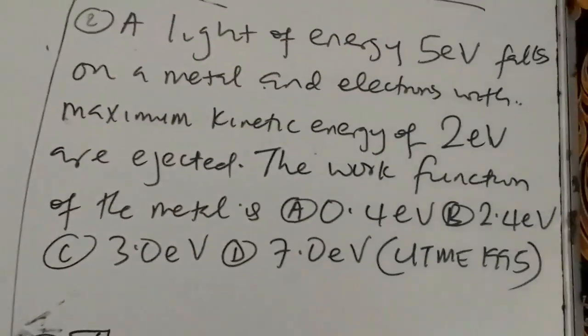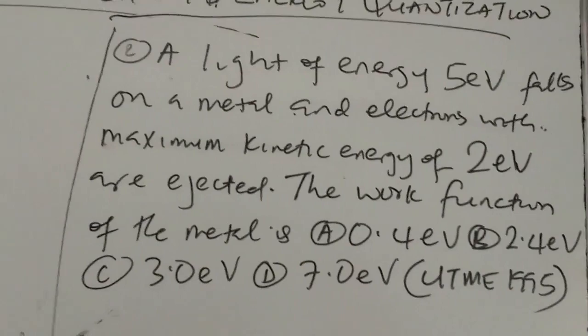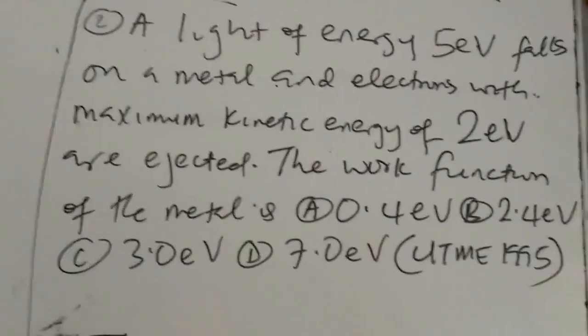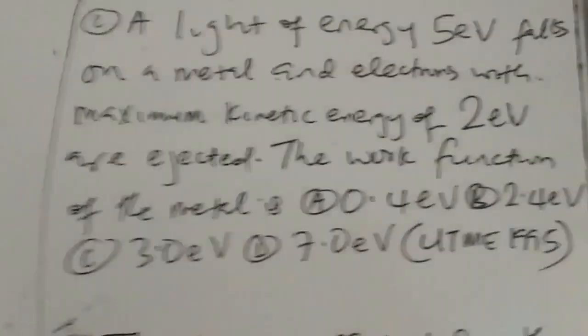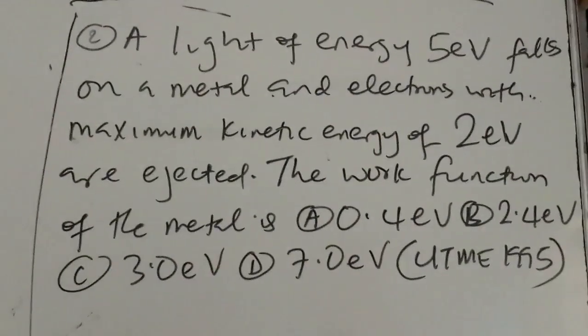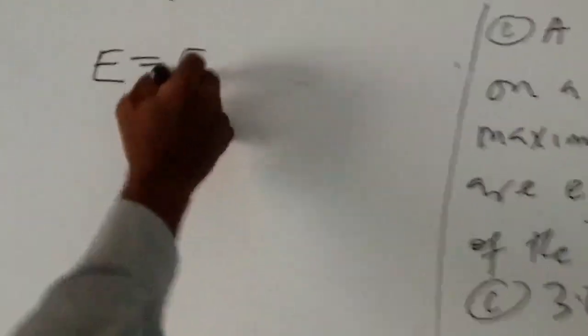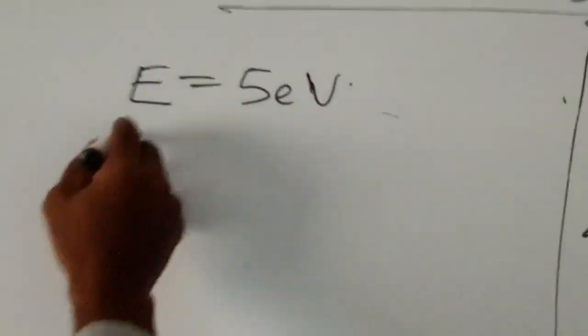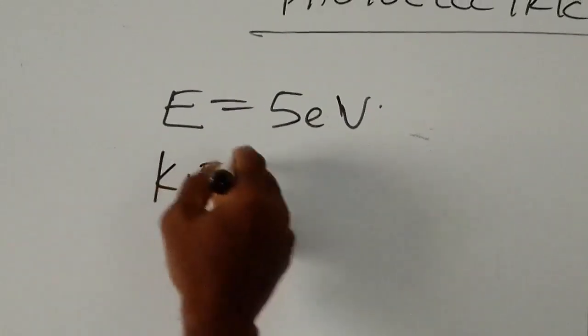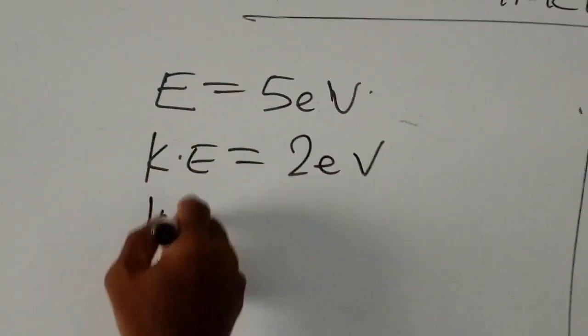The work function of the metal is? Okay, the energy of the light falling on the metal is 5 electron volts. The maximum kinetic energy, that is KE, is 2 electron volts. We have to look for the work function.